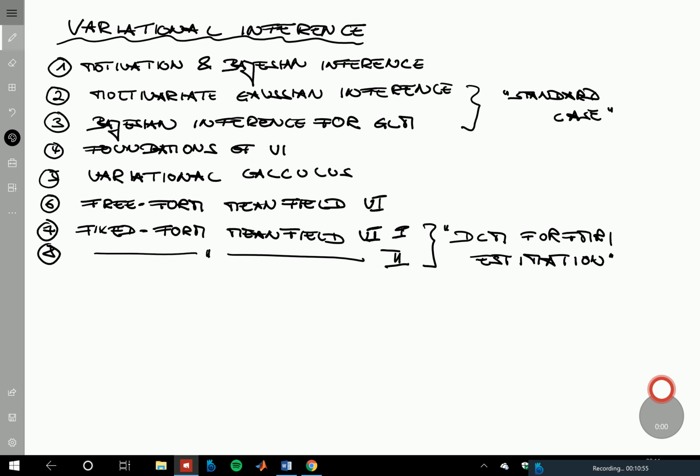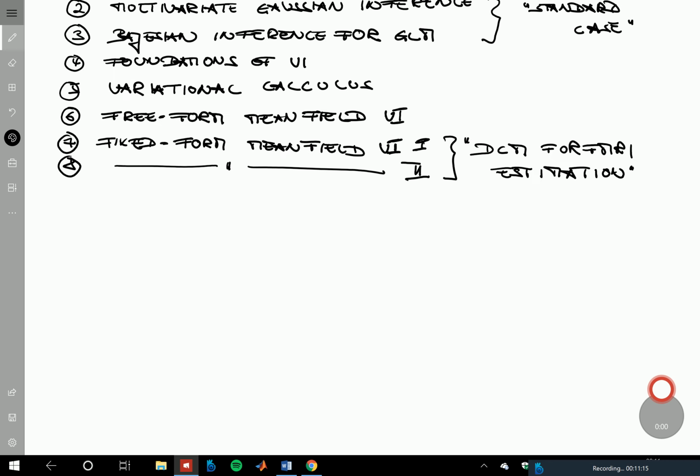I think everything from 4 to 8 is in there, so that you know what will happen and that you can prepare. Questions about this right now? No. Good, then let's start right away with motivation and Bayesian inference.